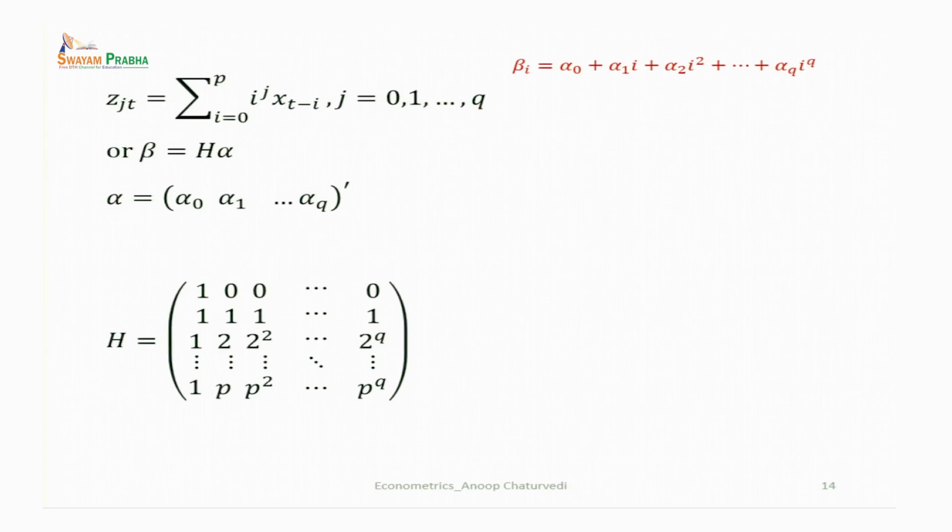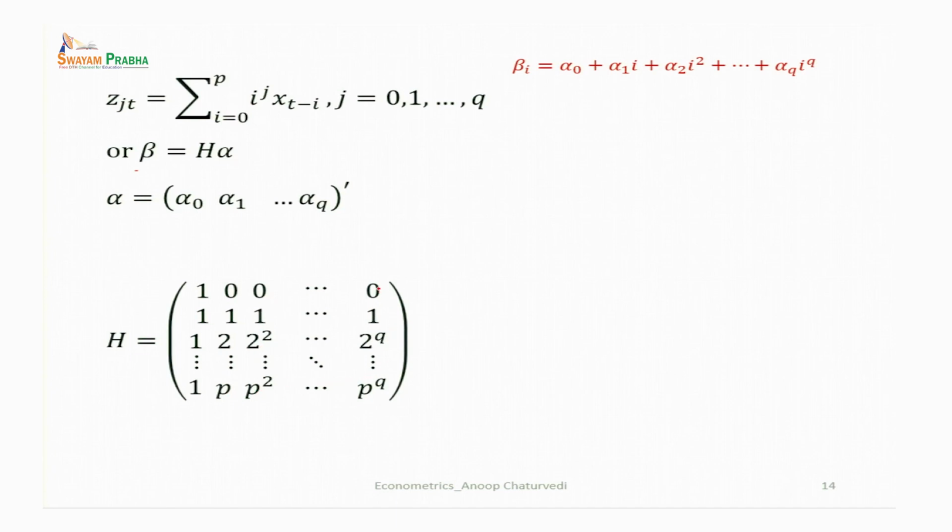Further, using vector and matrix notations, we can write the relation between beta and alpha as beta equal to h alpha, where alpha denotes the vector with elements alpha naught, alpha 1, so on, alpha q, and H is the matrix with first column consisting of all elements equal to 1, the second column is 0, 1, 2, so on to p, third column is 0, 1 square which is again equal to 1, then 2 square, so on p square, and so on.